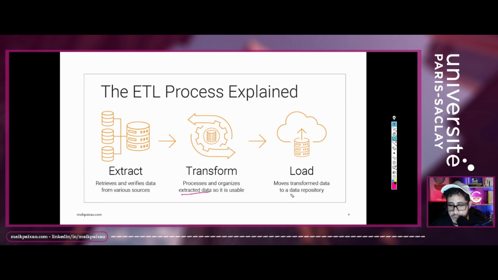I think the most common one is a data warehouse, where we have a predefined structure of databases and tables, and it's very common for data scientists and data analysts to work with organized data because it makes our work a lot easier.